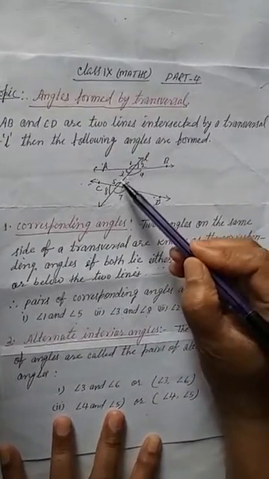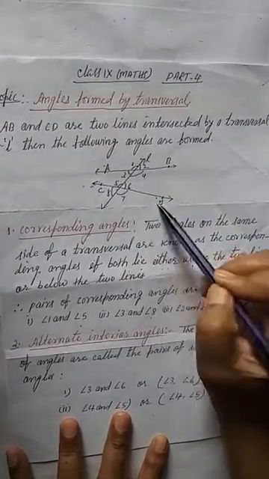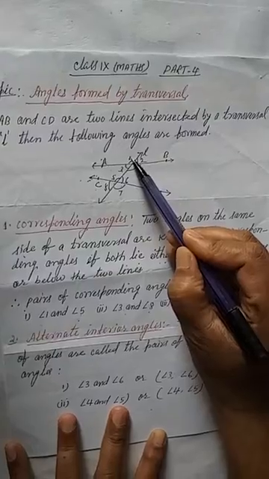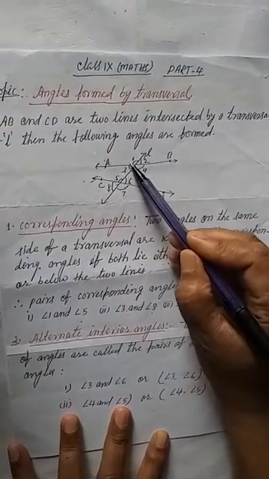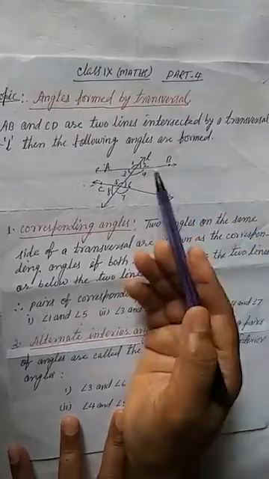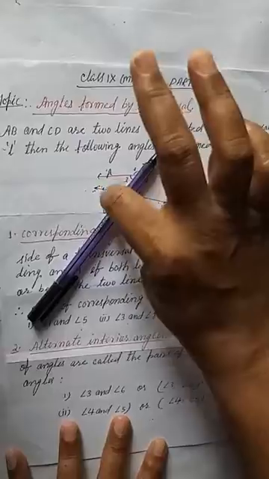So this is 1 and 5. Above the line CD, 5 is here. This is also above the line. So in this way we can see that 1 and 5 are corresponding angles on the same side. Suppose I am putting the pen here, so here is the same side.